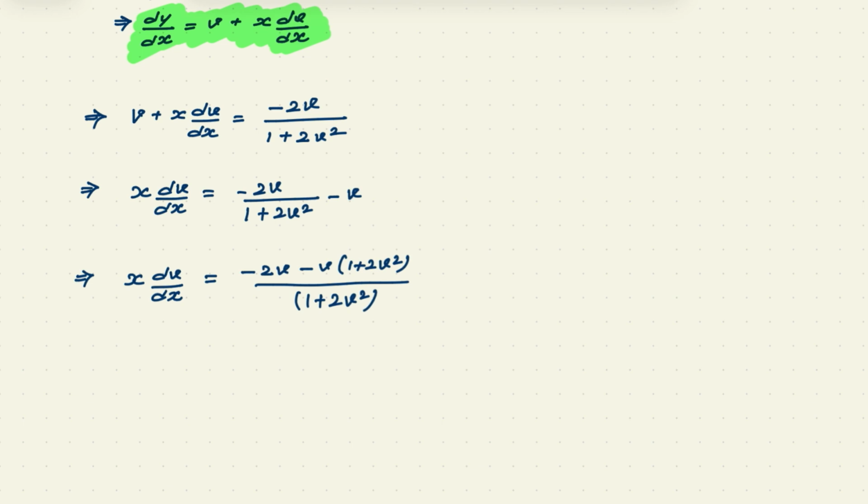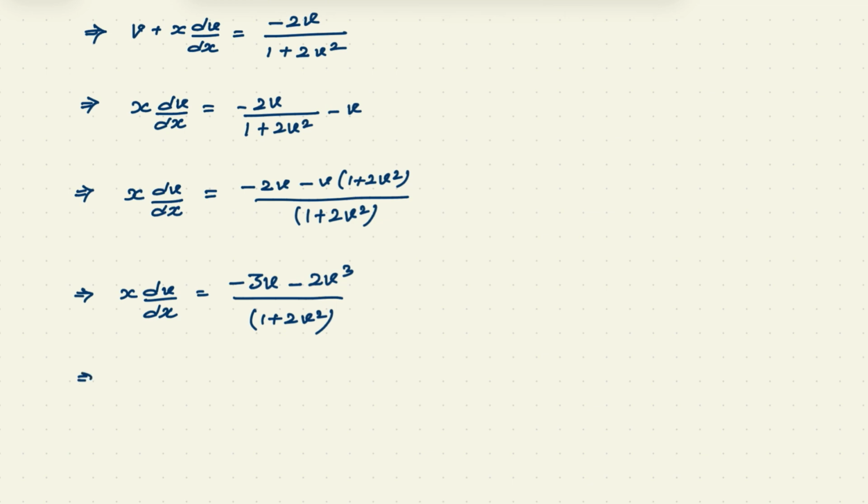So on simplifying the numerator here, minus 2v and minus v is minus 3v, minus 2v cube, whole divided by 1 plus 2v square.